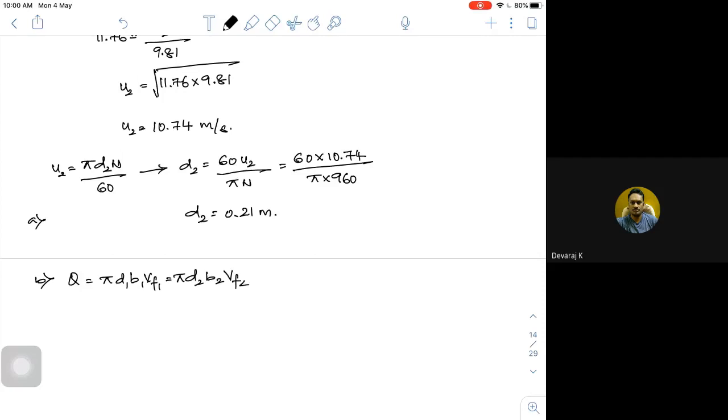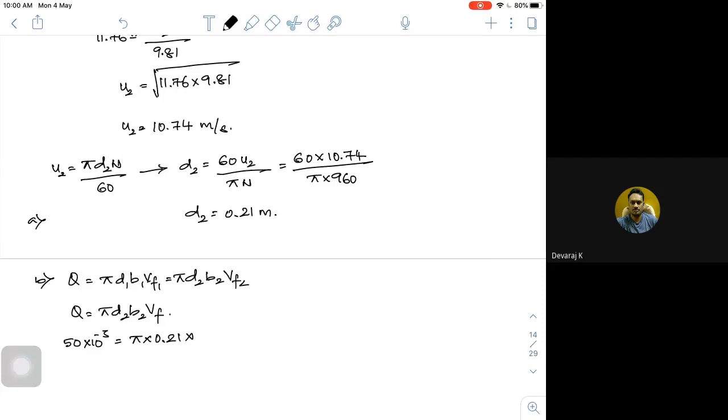I'll take the second quantity. So Q is equal to pi d2 b2 into Vf. The discharge is 50 liters per second, that is 50 into 10 to the power of minus 3, which is equal to pi into 0.21, just now we calculated.